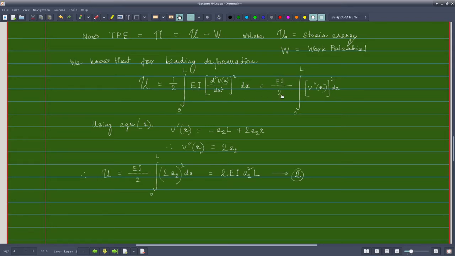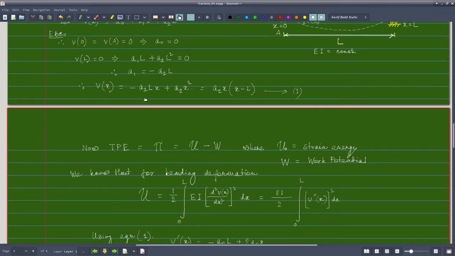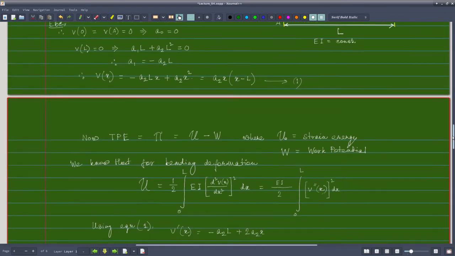So EI by 2 integration of V double prime x whole square dx, where V double prime means second order derivative of V. Now earlier we have got Vx as a2x square minus a2lx.